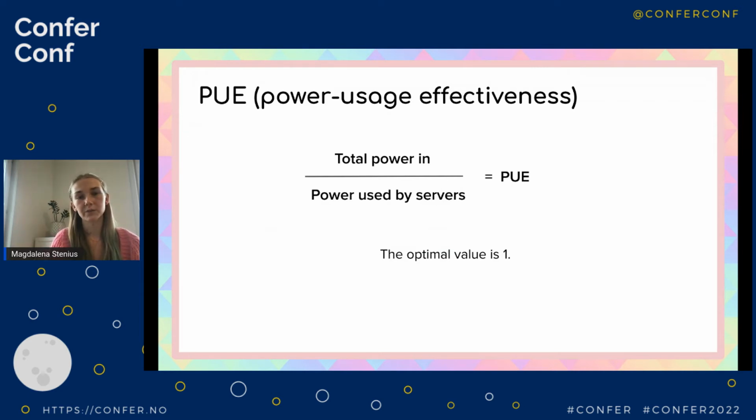When we're measuring that PUE, we take the total power going into the data center and divide that by the total power used by the servers. And the optimal value in this case is 1. So we would like for all of the electricity going into the data center to be used directly by the computers or the servers.